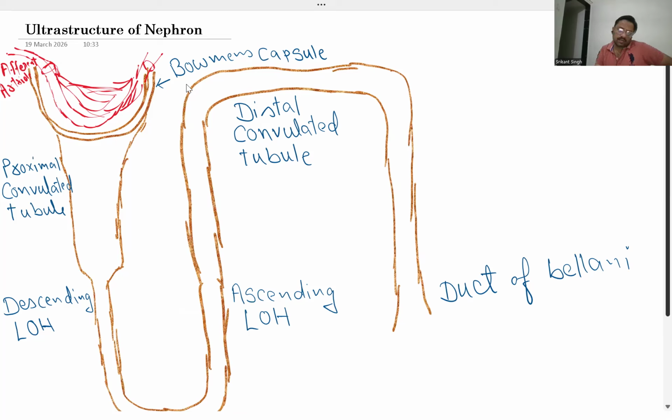So, the glomerulus is a bunch of capillaries. Now, listen to the story.